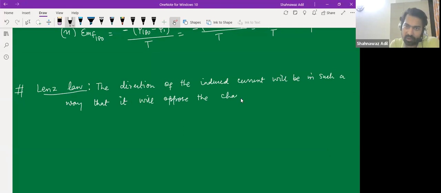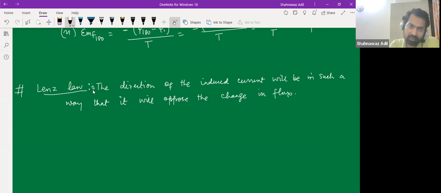So this is how nature is, right? It always opposes the change, so it wants to be static, stable. So the current in the circuit will be produced in such a direction that it will oppose the change in flux, right? So this is what Lenz's law is.